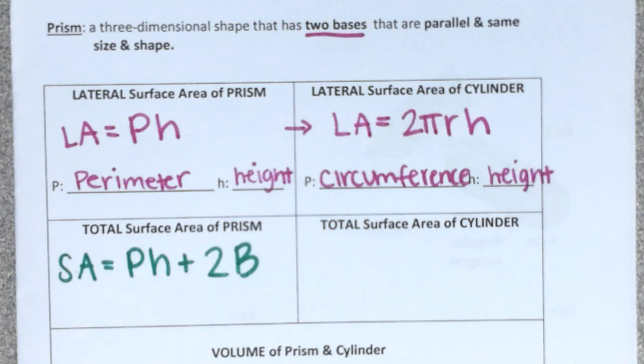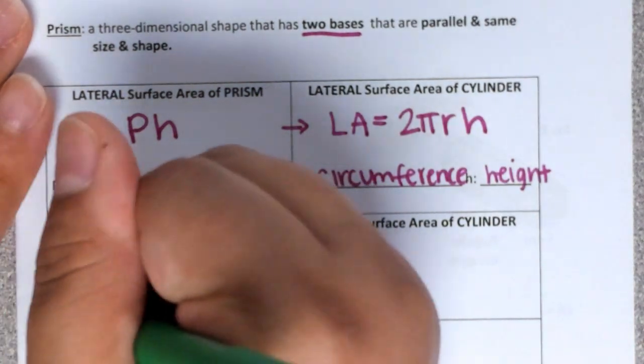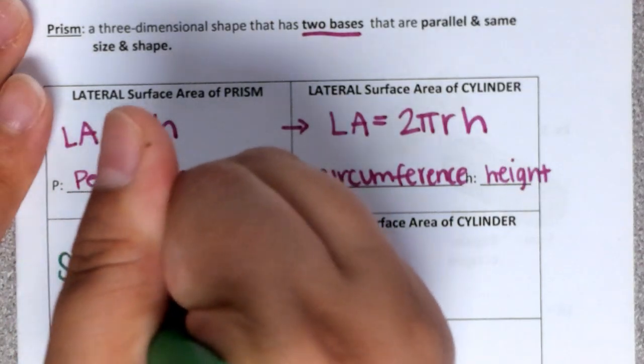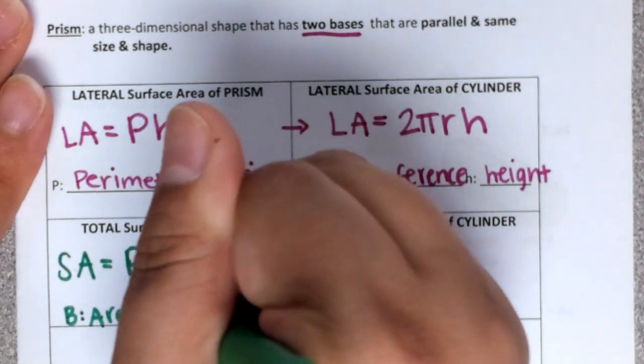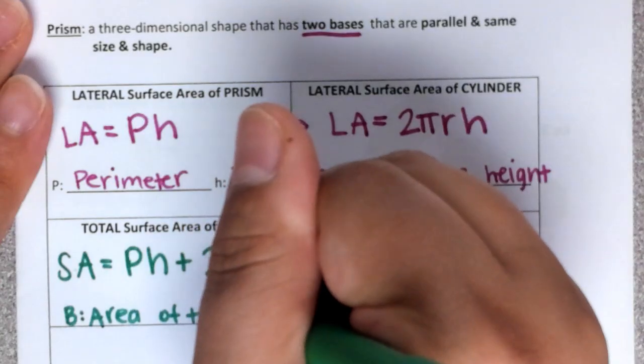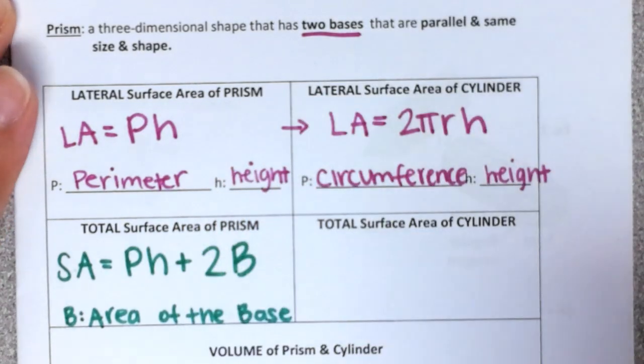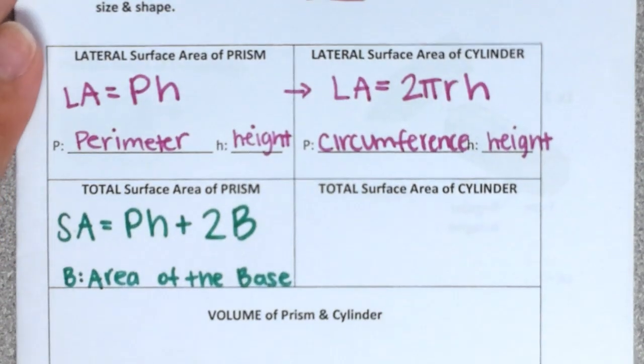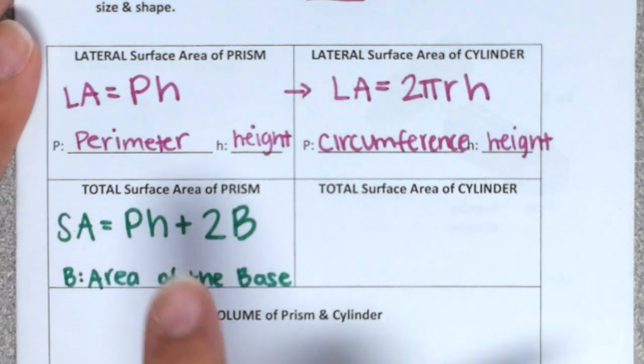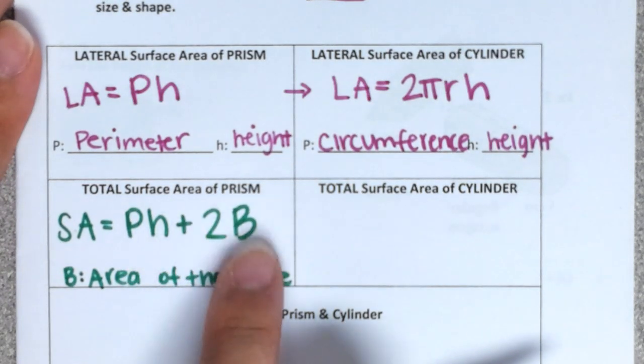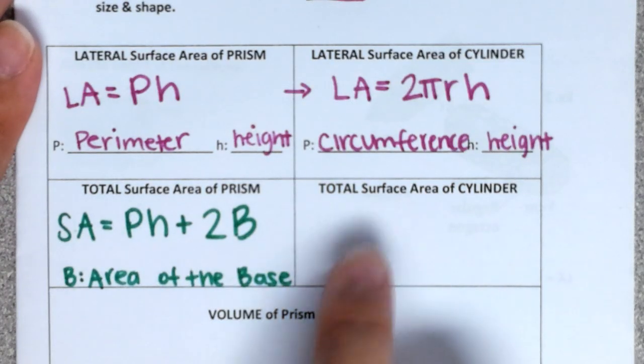Say that again. Base. B stands for area of the base. Write this down, please. B stands for area of the base. So you're going to have to find your perimeter of the base and your area of the base for this one.